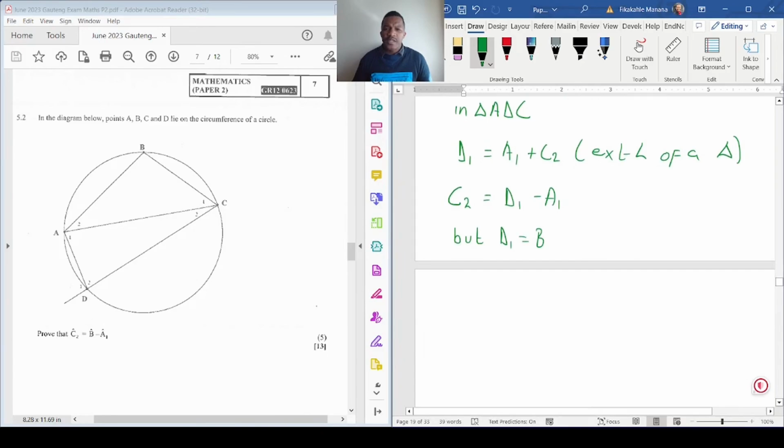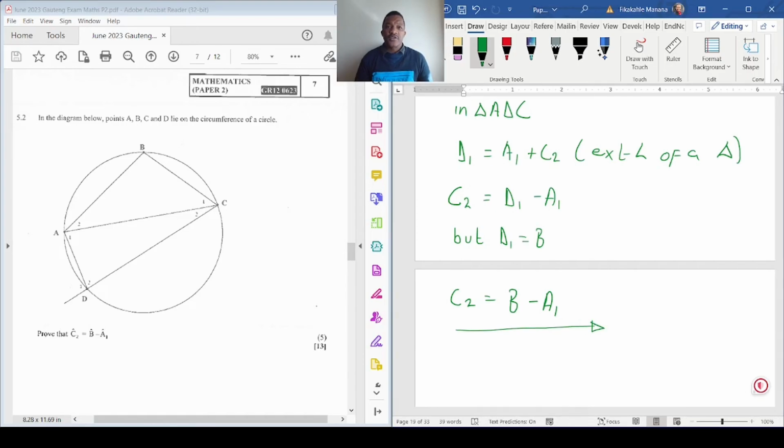So what that means is that where we have D1, we substitute B. So C2 is equal to B minus A1. And there we go. It has been proven.